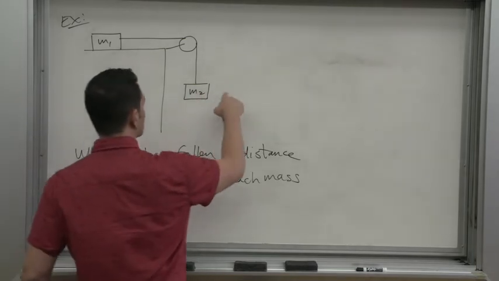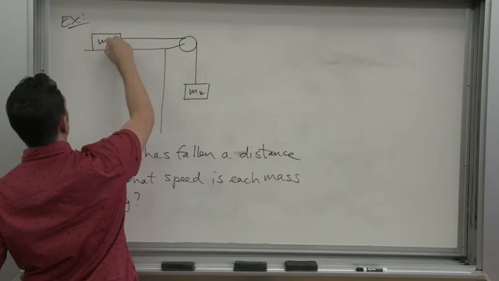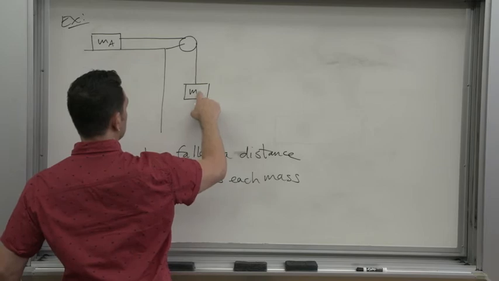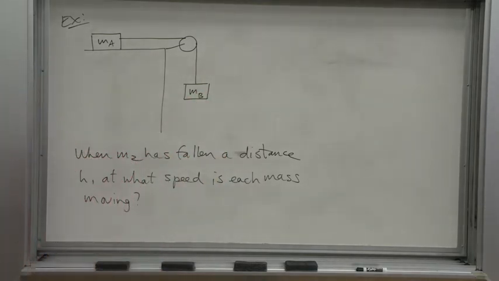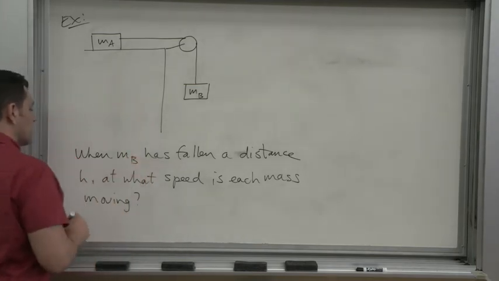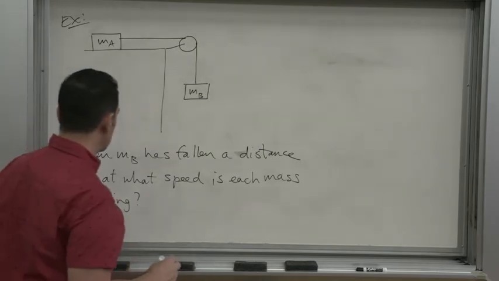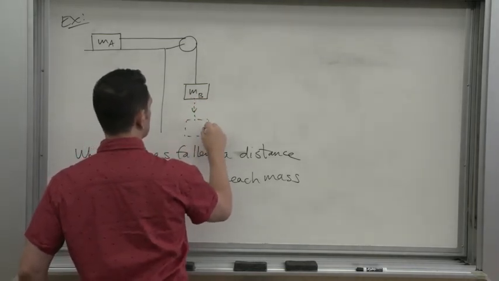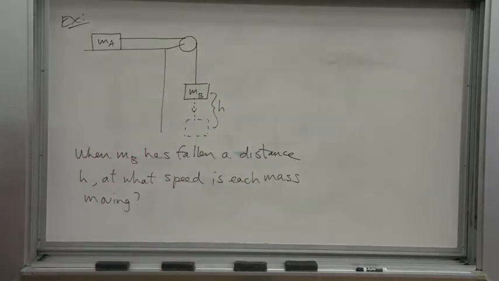So let's call this MA and MB, because 1 and 2 are typically what we call the initial and final values. So MA and MB. Okay. So when MB has fallen a distance h, what is the speed that each mass is moving? So this guy will have fallen down an amount h. And we're assuming that they start from rest.